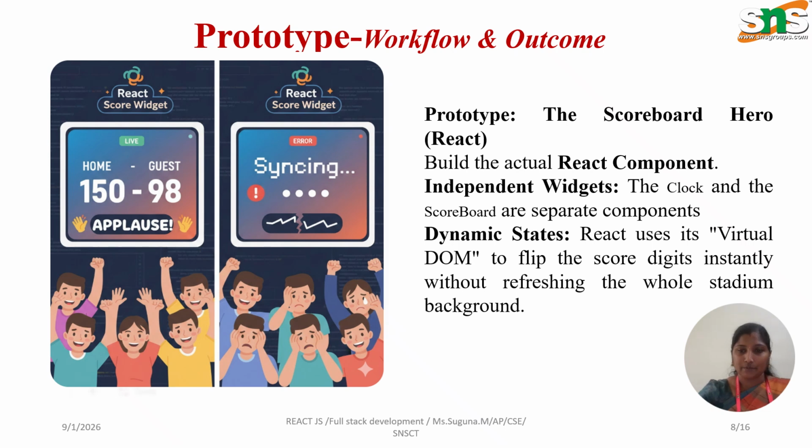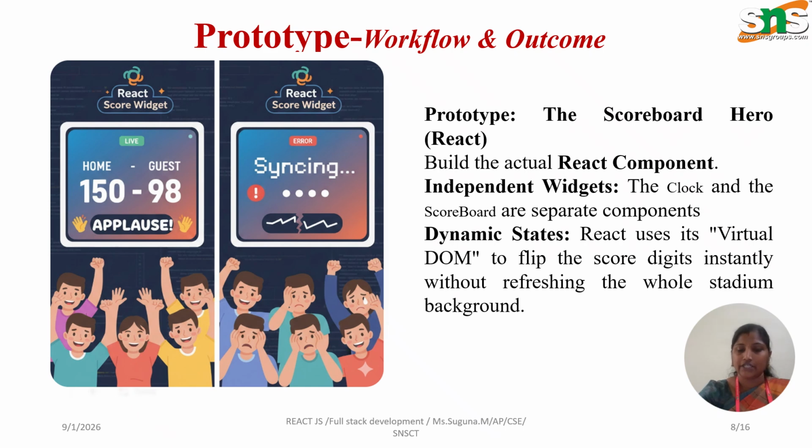So let me explain the prototype workflow and also the outcome of React JS. Let's see how React actually works. In React, each component has its own state, which means each state represents dynamic data. Dynamic data means the data will change from time to time. When a state changes, the UI will update automatically. React uses something called the virtual DOM.